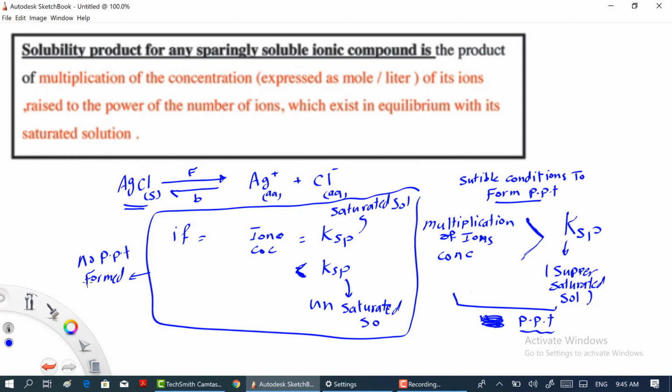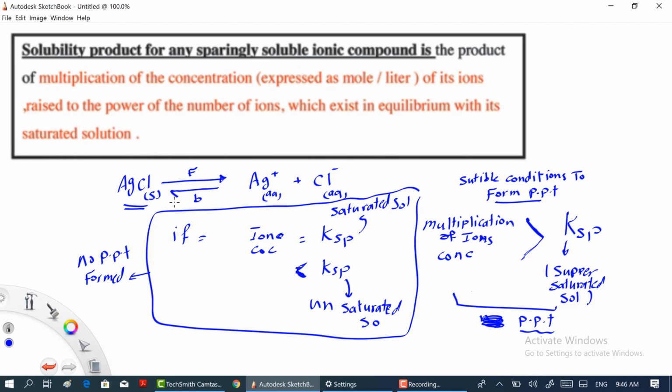Let's explain it. If the concentration of the ions, the product, is greater than the value of the Ksp, the dominant side is the formation of the PbT.